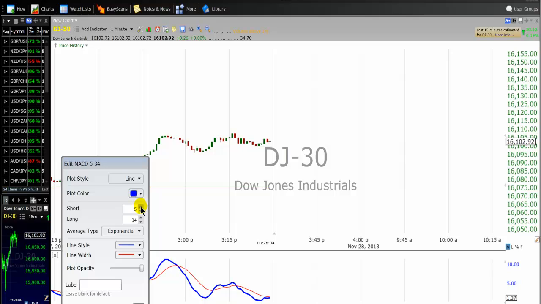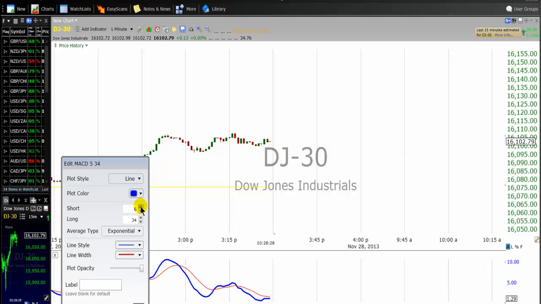We were using a standard MACD, and then a faster MACD. In this strategy, we're going to use a slower MACD, slower than the standard. As I explained, when we want to speed up MACD, we need to reduce the setting. When we want to slow MACD down, we must increase the setting.